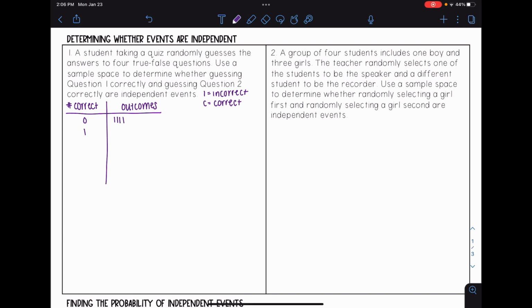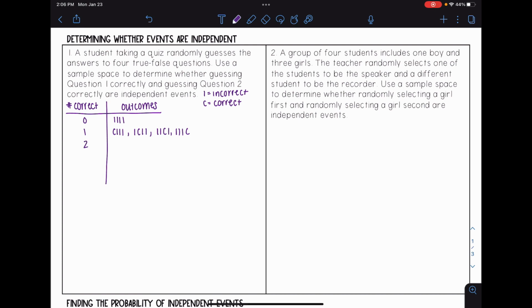They could get 1 correct. And so that means either the first one's correct, the second one's correct, third one is correct, or the fourth one is correct. Another thing that can happen is they can get 2 correct.